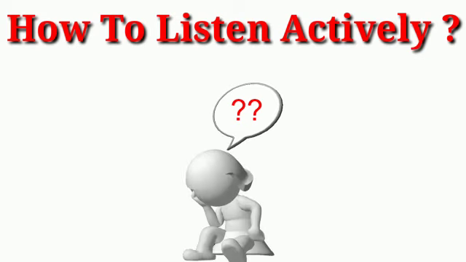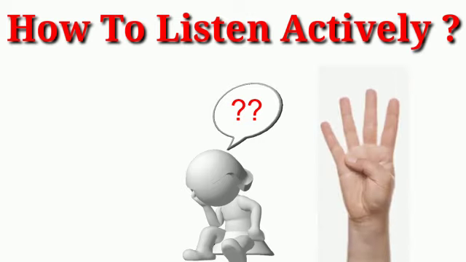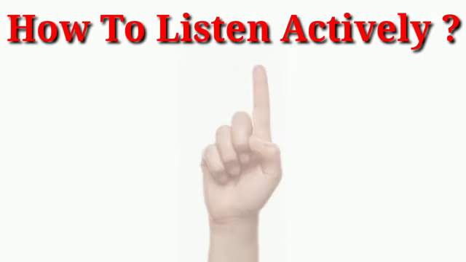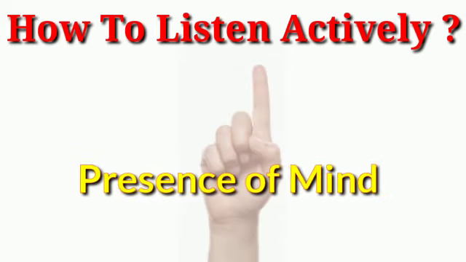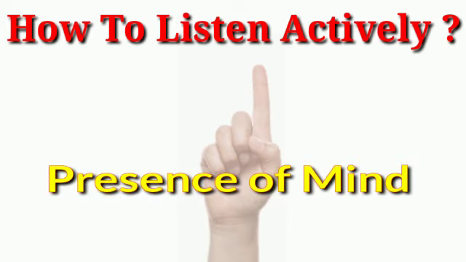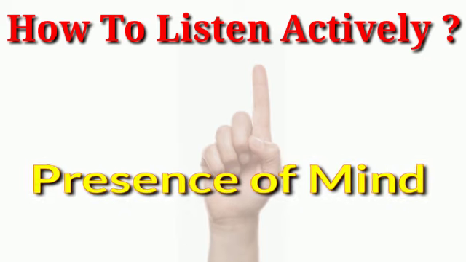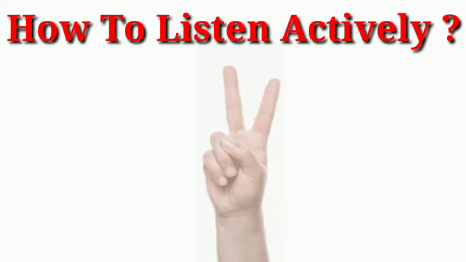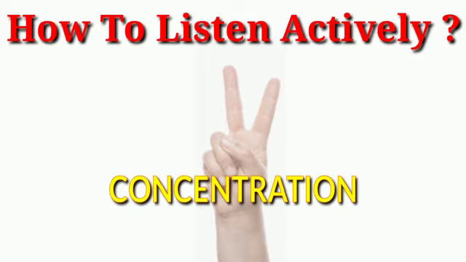But the question arises, how to do active listening or how to listen actively? To listen actively, one needs to take 4 points into consideration. The first point is one's presence of mind. For active listening, we should be mentally present in the same place where we are physically present. Then the second point is concentration.